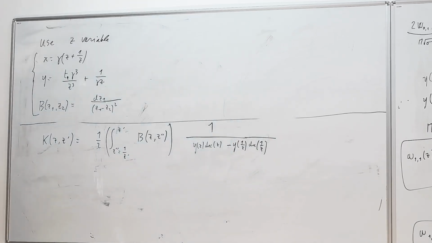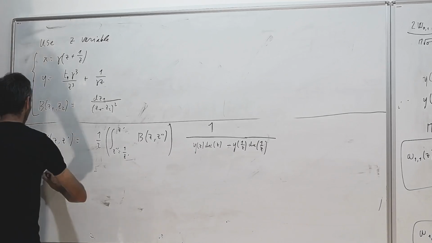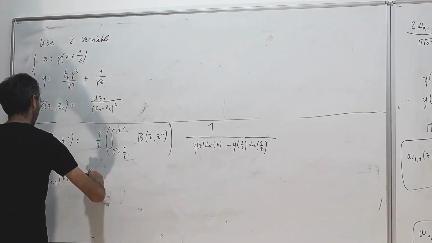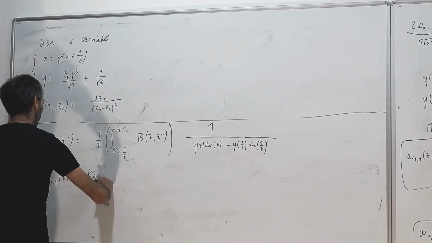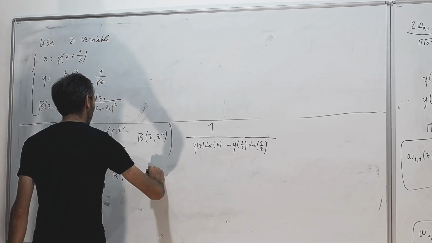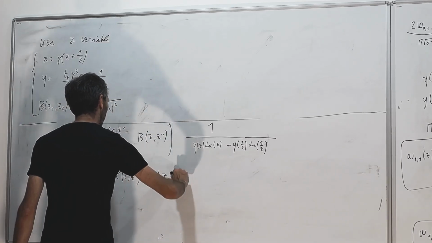I'm not sure about the global sign; I hope it is correct. And then omega 1,1 of z is the residue as z prime goes to plus or minus 1 of K of z prime, B of z prime on 1 over z prime.